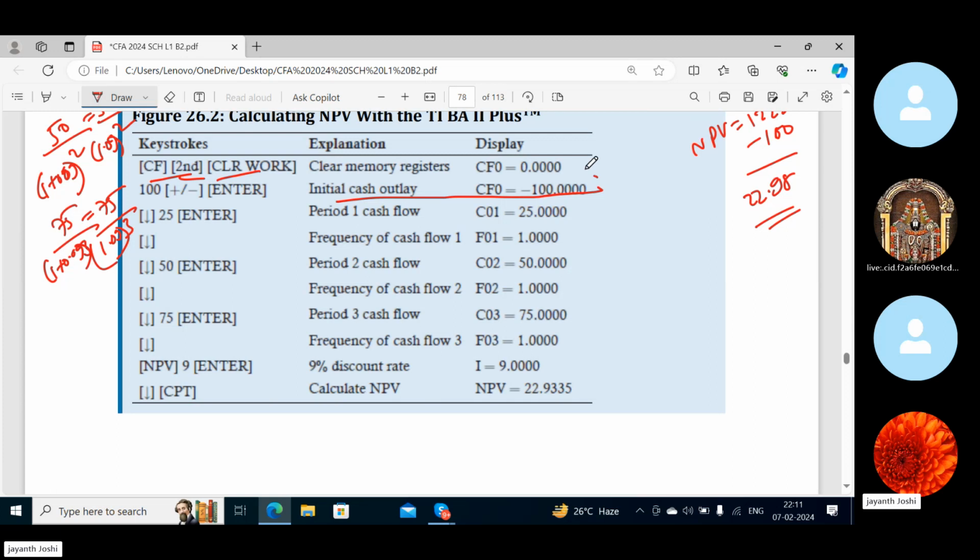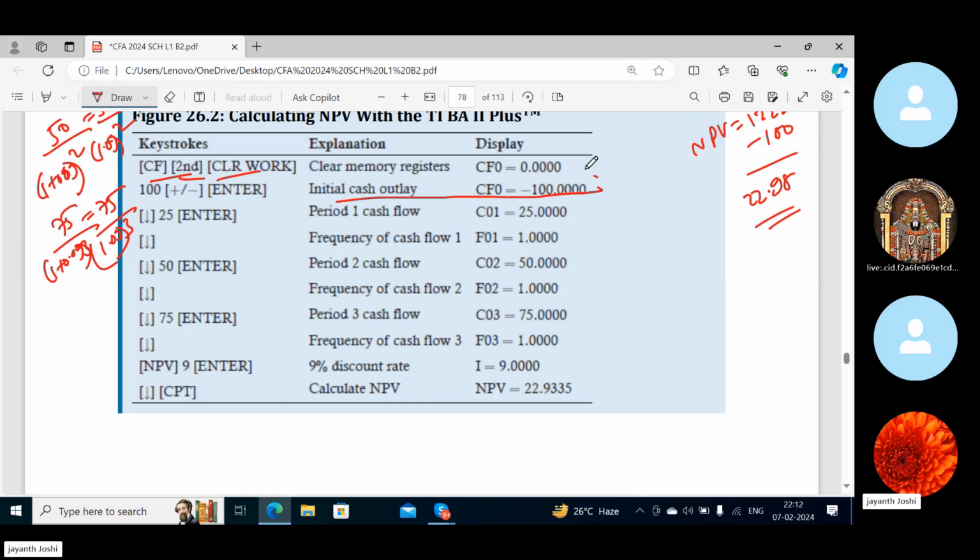Then you have to click down arrow, and then enter 25, and then click enter. And then again down arrow, again down arrow. Then 50, then click enter.